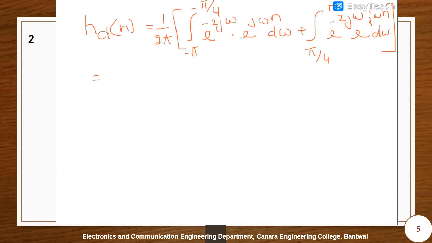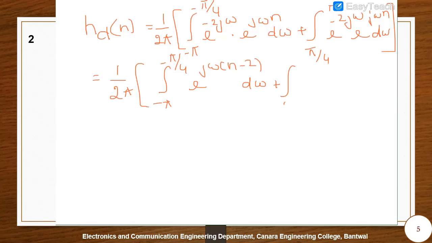When you integrate this, you are going to get this as minus pi to minus pi by 4 e to the power j omega (n minus 2) d omega plus pi by 4 to pi e to the power j omega (n minus 2) d omega. Let us integrate this.